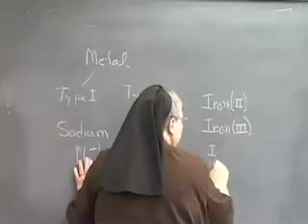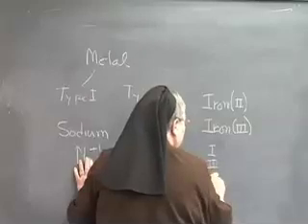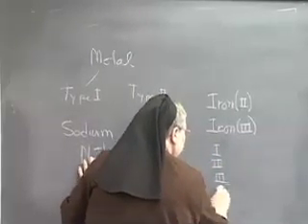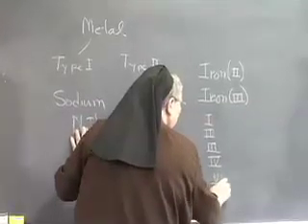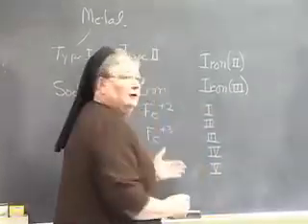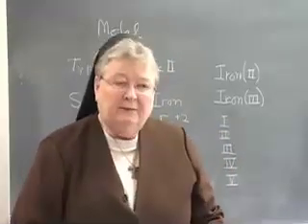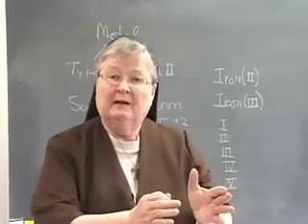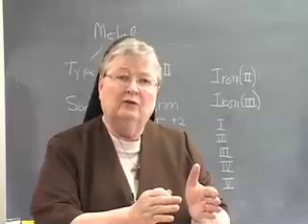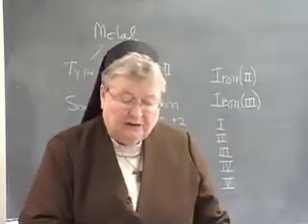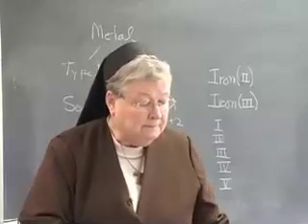That's 1, 2, 3, 4, 5. You won't have to go any further than that in charges. So in type 2 metals, you must say the name of the metal, and then in the parentheses put the Roman numeral that indicates its charge. In type 1, you're okay with just saying the name of the metal.